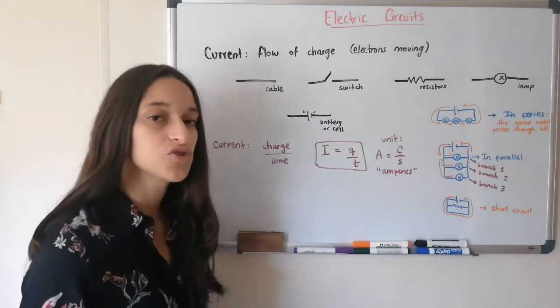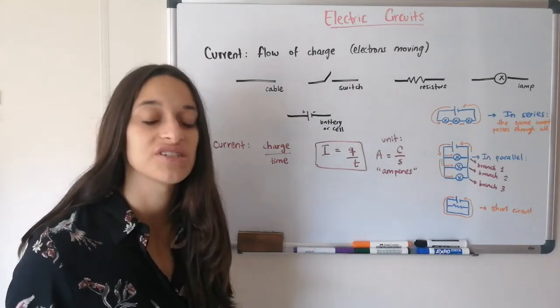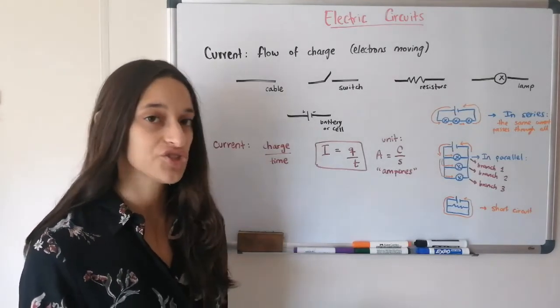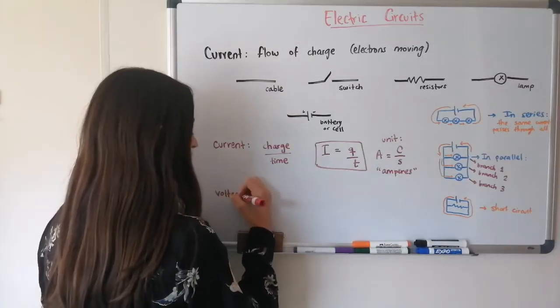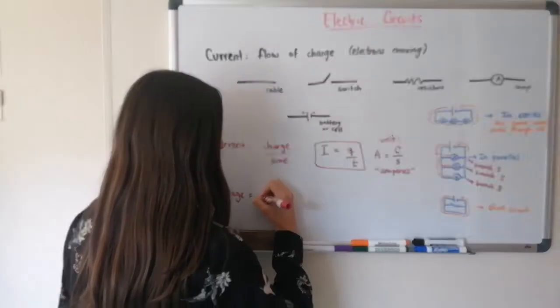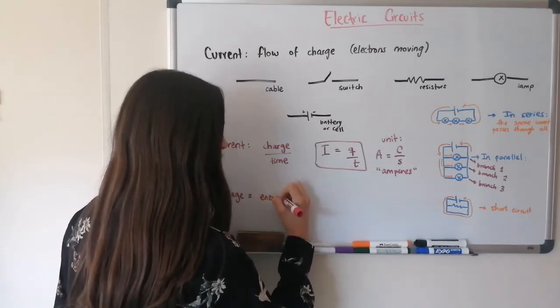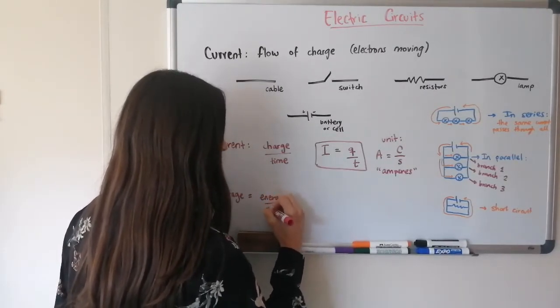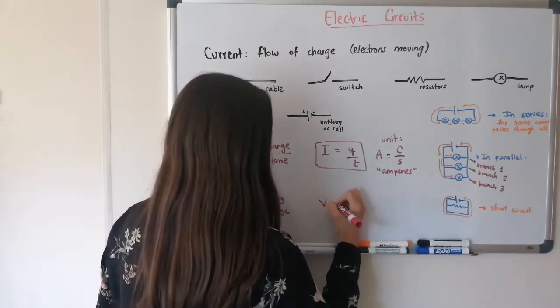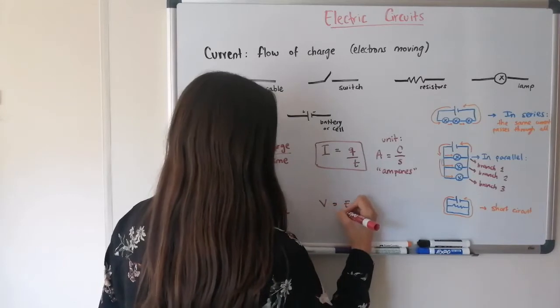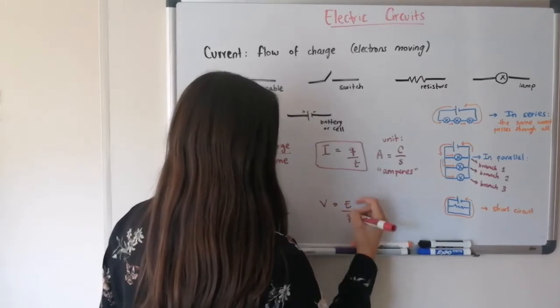Now voltage we also mentioned last class. Voltage is the amount of energy that each charge gains when it comes out of the battery. So we can define voltage as energy per charge. So voltage we write as a V, energy we write as an E, and charge we write as a Q, like up here.